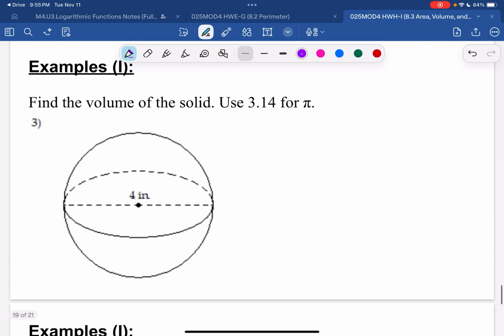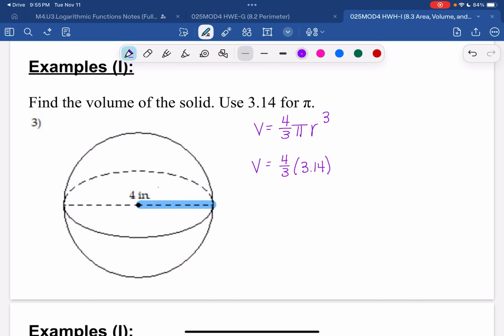All right, let's look at this one. This is a sphere. Again, the formula for that would be 4/3 pi r cubed. And it's asking us to use 3.14 for pi, so 4/3 times 3.14. Then I need my radius. This one gives us the diameter because it goes all the way across, so I need the radius.